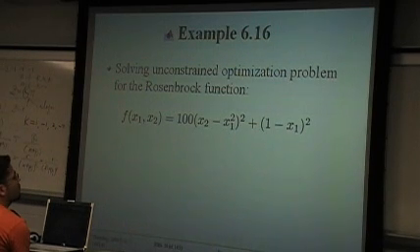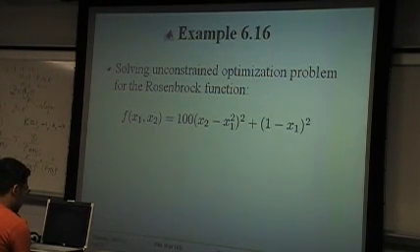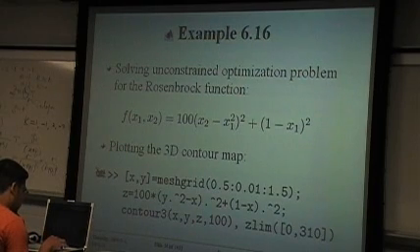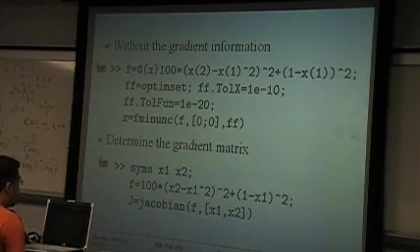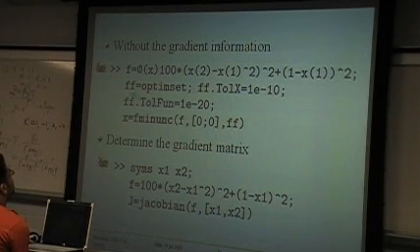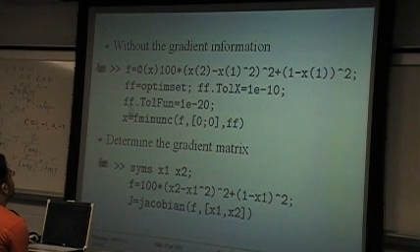So now let's check whether the unconstrained optimization problems can find the global minimum point. To solve this problem, what we need to do is first to describe the objective function. And then we can give specifications on the accuracy.